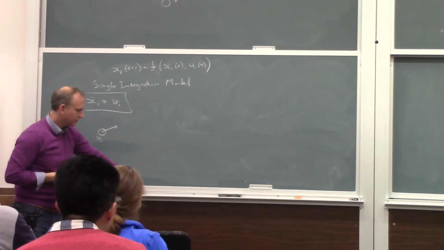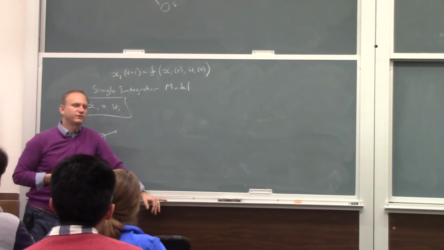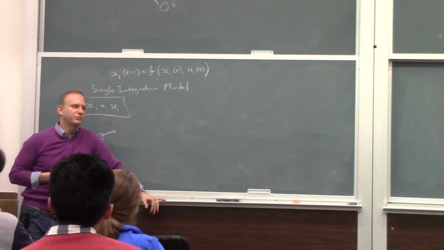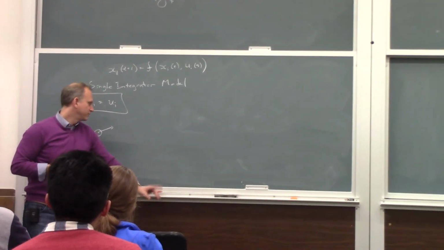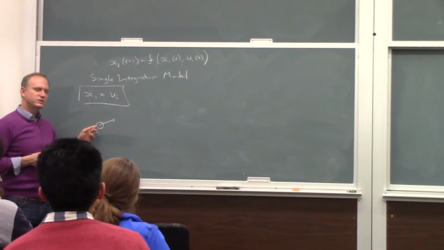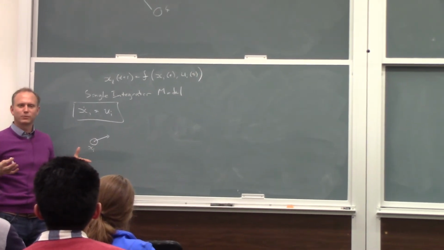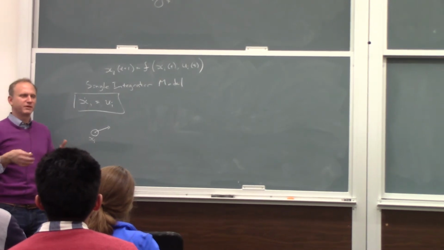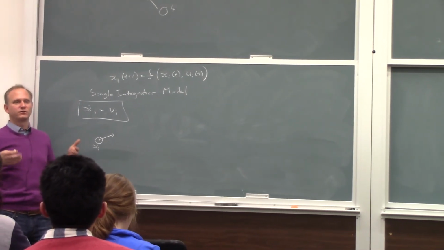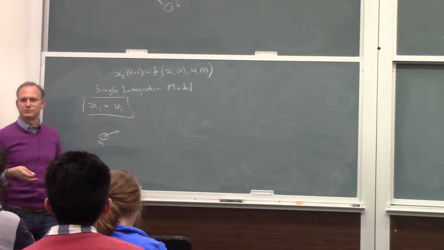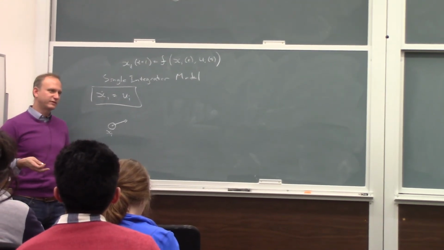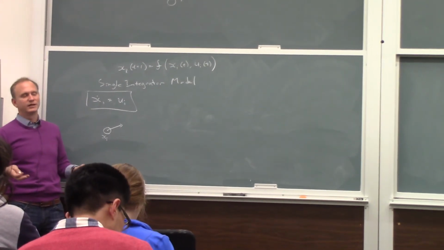We will use this model quite often in this class, and something that I want to be clear about is that this is not really a true dynamical model of any robot. No robot is truly a single integrator. Just by basic physics, we know that we cannot directly command the velocity of an object. We need to apply forces to the object and it moves through acceleration.